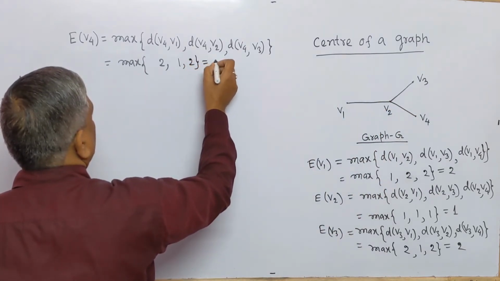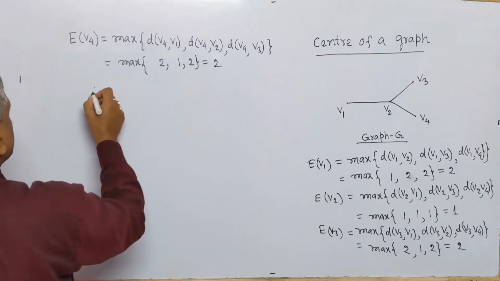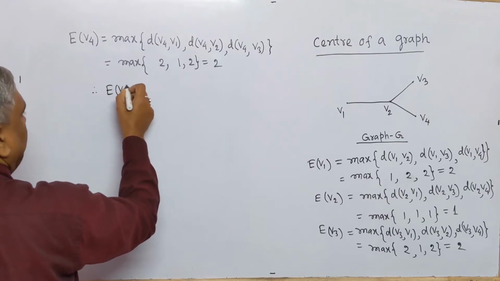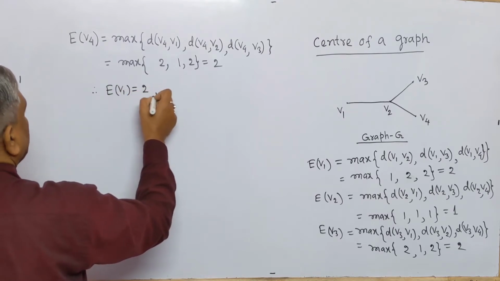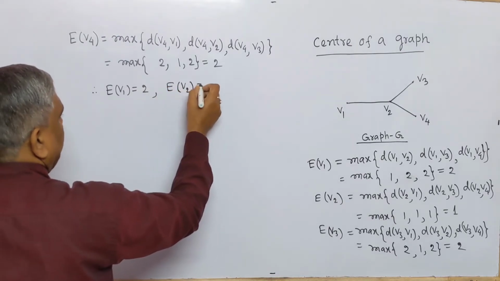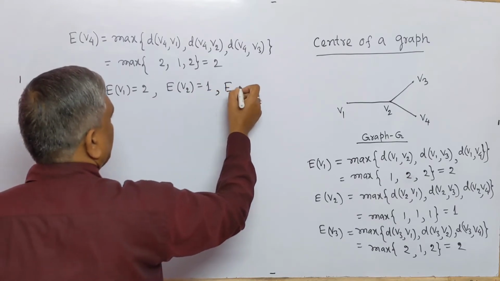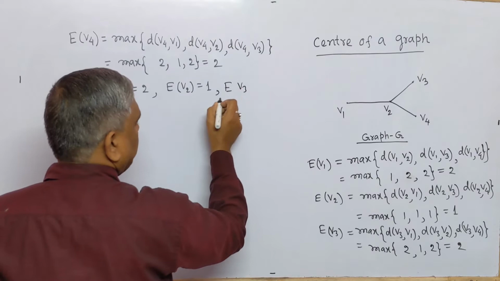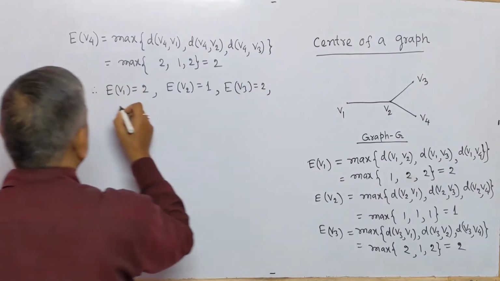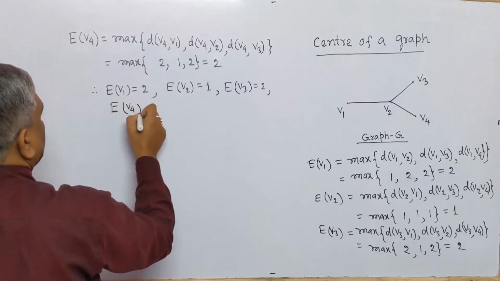So this is equal to 2. Therefore we get eccentricity of V1 equal to 2, eccentricity of V2 equal to 1, eccentricity of V3 equal to 2, eccentricity of V4 equal to 2.